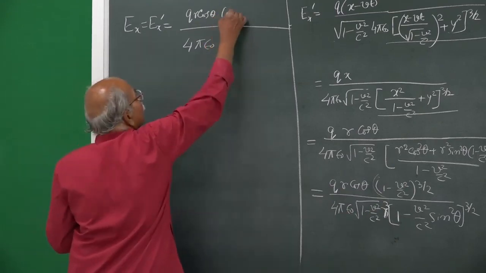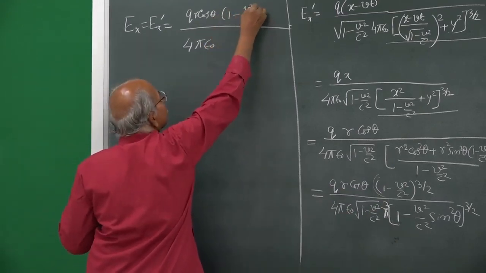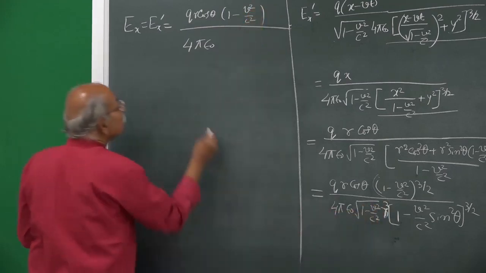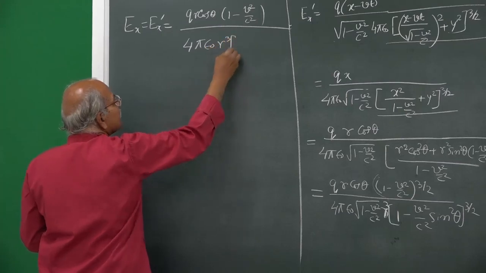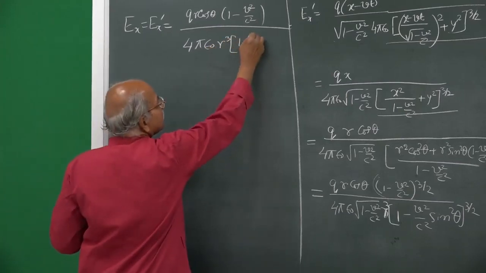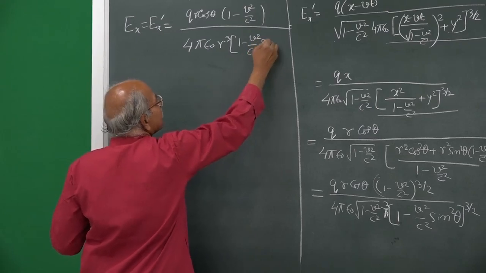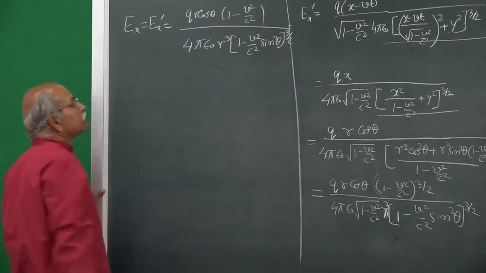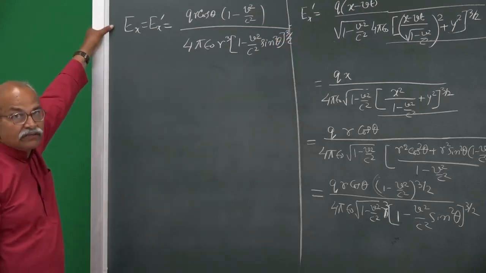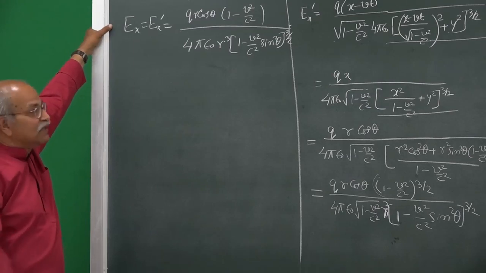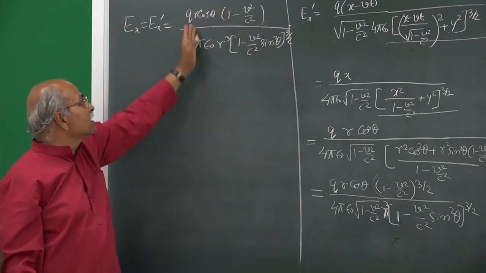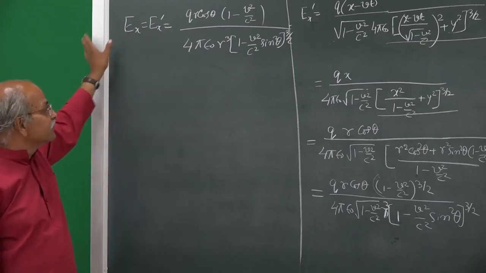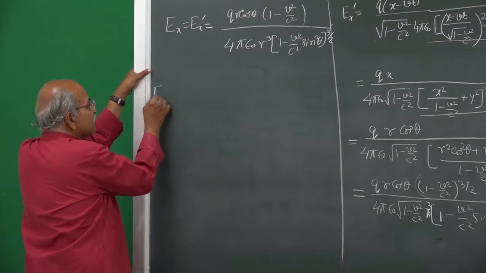So, this is 1 minus v square by c square, that is here. Then you have r cube, 4 pi epsilon naught r cube, and this factor (1 minus v square by c square sin square theta) power 3 by 2, that is Ex. Now, I am in the S frame, proper S frame, coordinates of S frame r and theta, and then the field component is Ex. So, this is it. Now comes Ey.